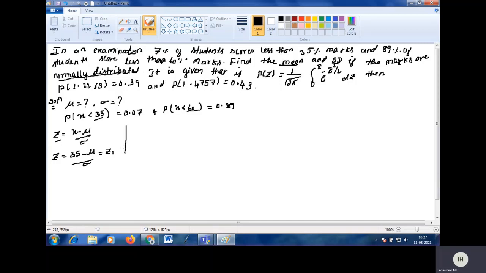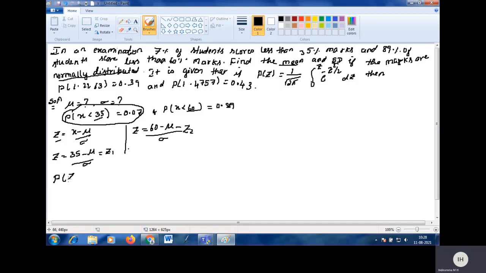Next, when x is 60, that is z is equal to (60 minus mu) by sigma. That I will call z2. By making use of this statement, I will write x in terms of z.